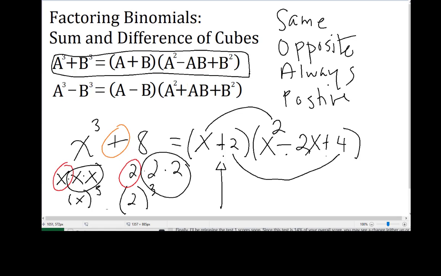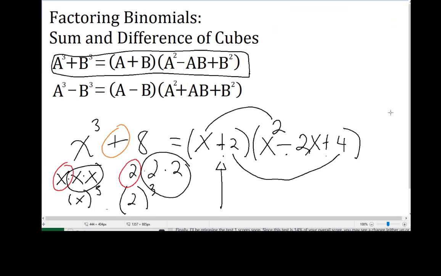Now let's multiply this out to show that this is actually going to work, that this minus 2x in the middle here is going to cause all those extra terms to cancel out so that we get back to x cubed plus 8. So to check this, I'm just going to multiply it. x plus 2 times x squared minus 2x plus 4.